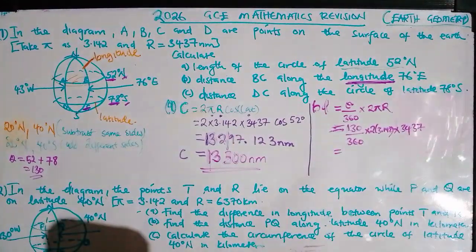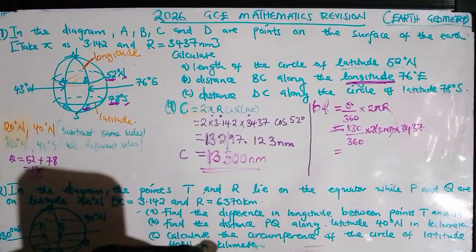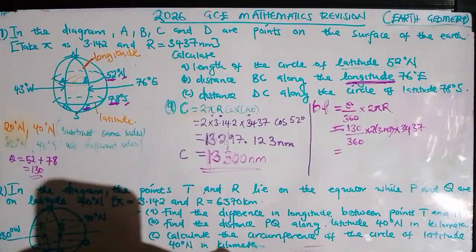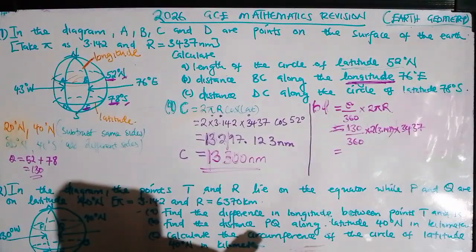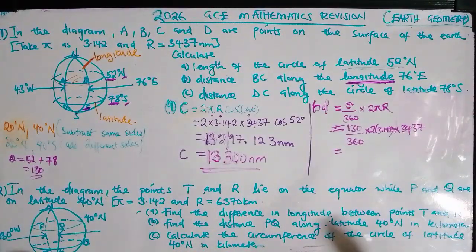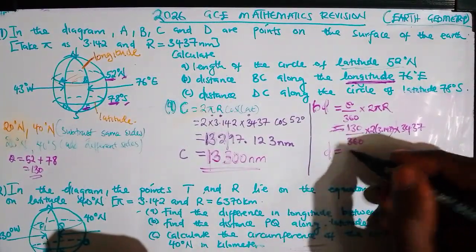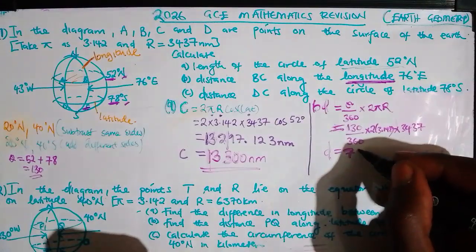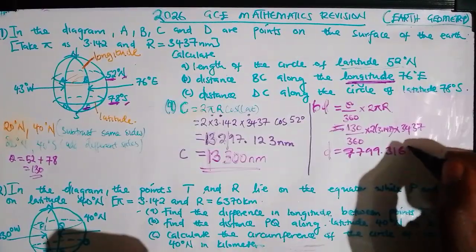So you start 130 times 2 times 3.142 times 3437 equals, then you divide by 360, which gives us our distance: 7,799.3167. What did I say?